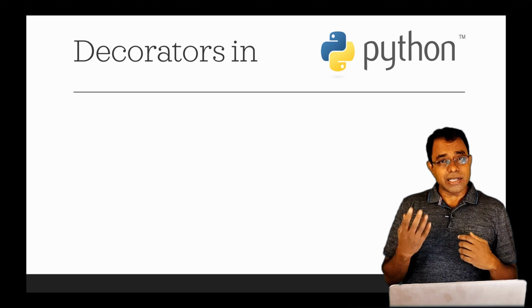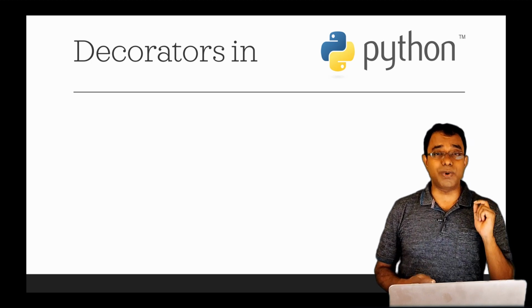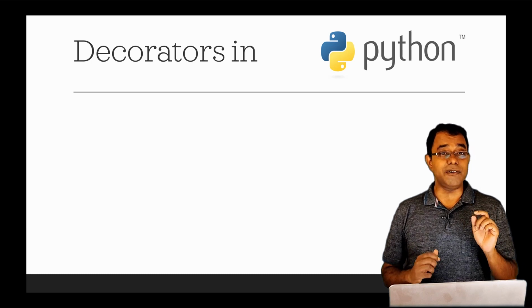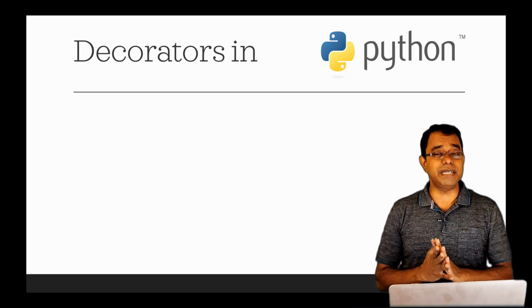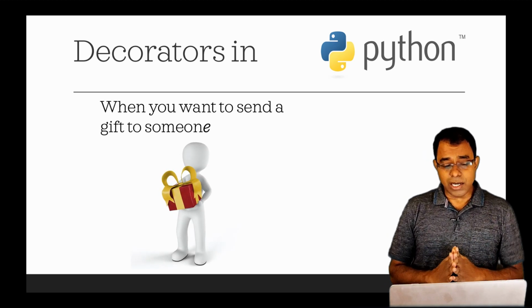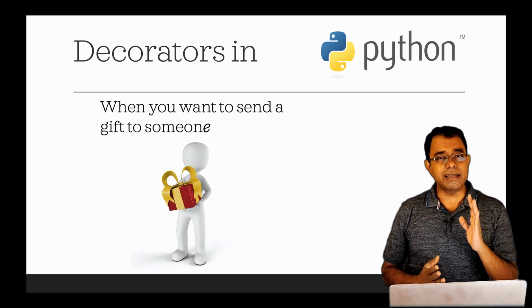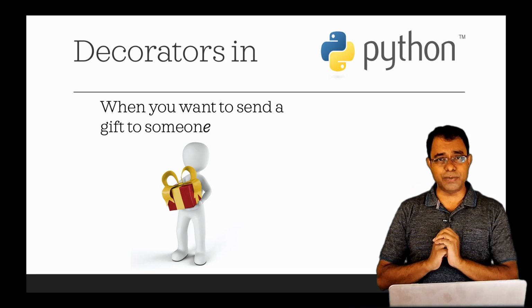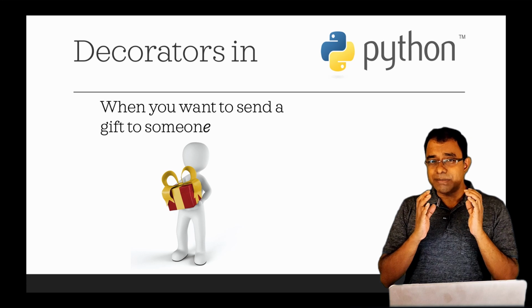Now before we can jump into the code to understand what decorators are, as always I will try to explain the idea of decorator using some real-time examples. So let's see one example. Now when you want to send a gift to someone, what do you do? You do not just throw the gift to someone else, right? You do something different.